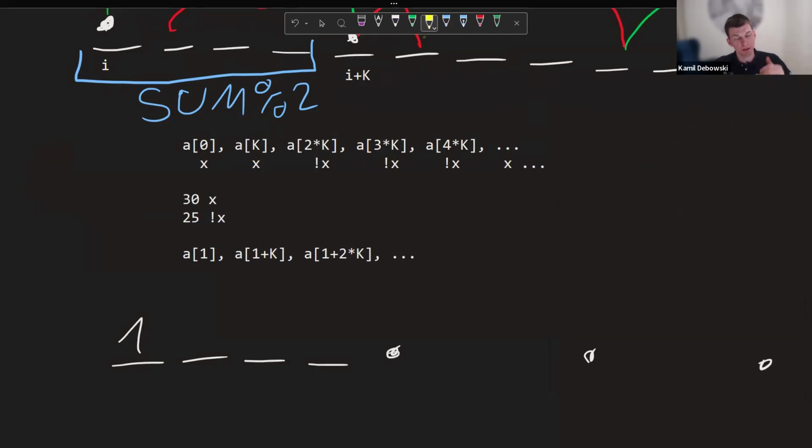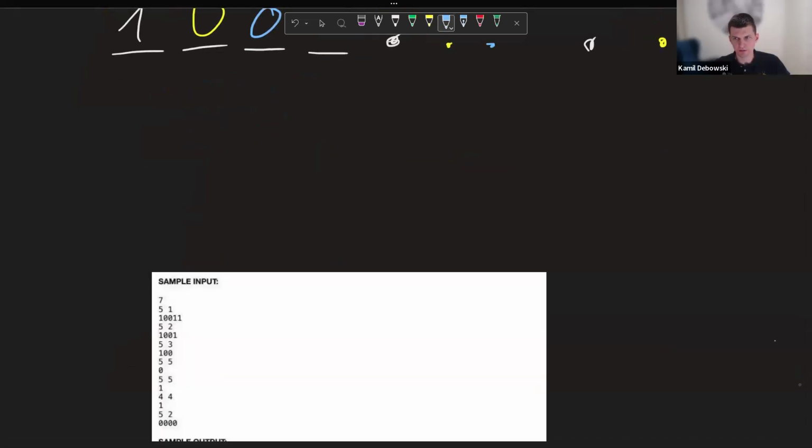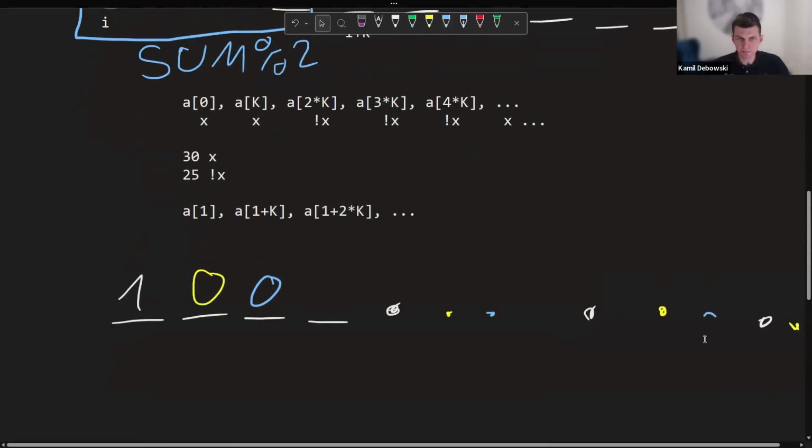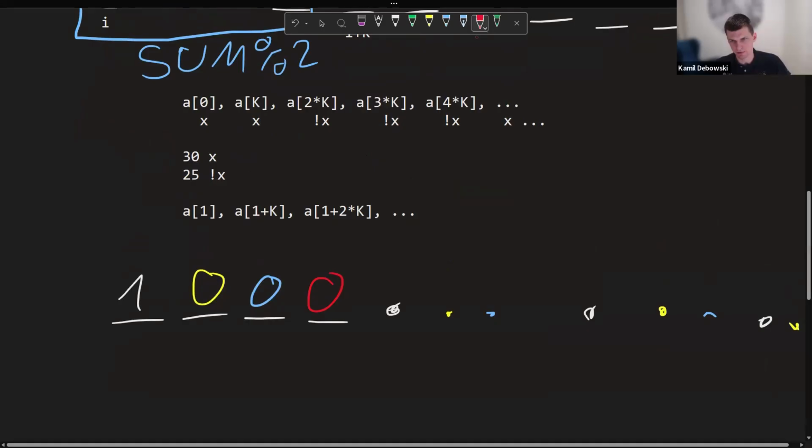Then in order to, again, maximize the number of ones in the full string, I put a 0 here, and it implies those positions. Then maybe I put another 0 here, and those positions. And finally, maybe I put a 0 here, and it implies those positions. But maybe in the input, we were given information that this is even.